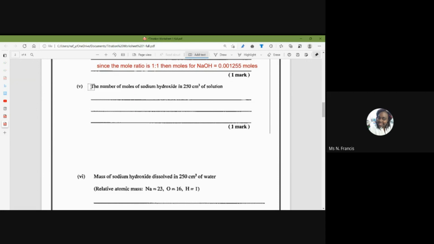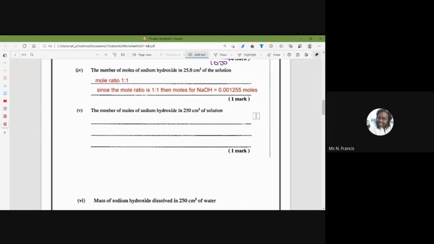So in a case like this, there are two ways of reasoning it. I'm wondering if anyone sees. Look at question 4 and look at question 5. I'm going to help you by highlighting. The value is just 10 times the amount.